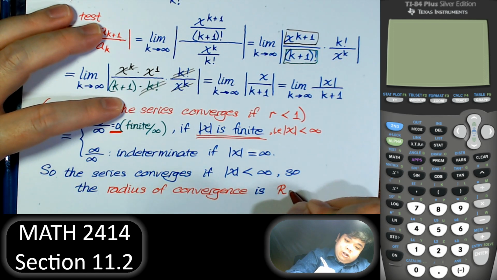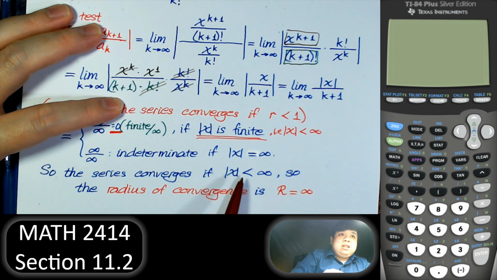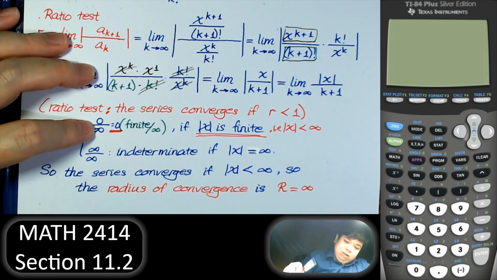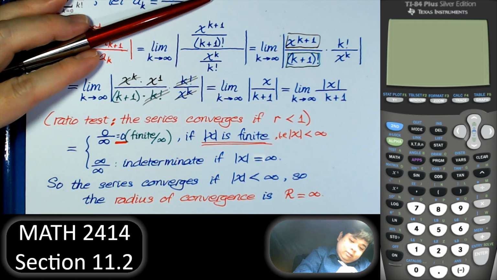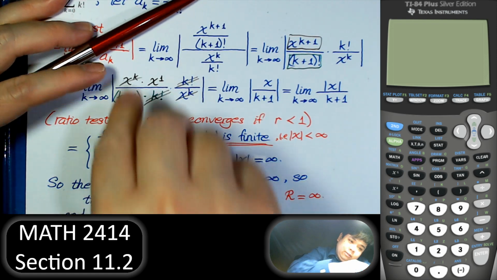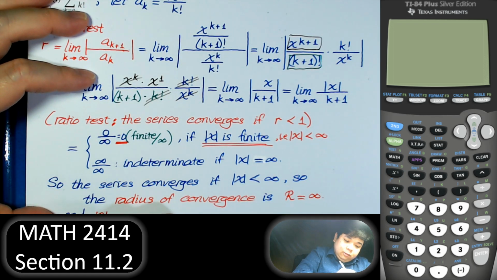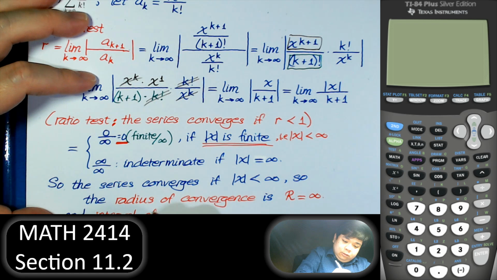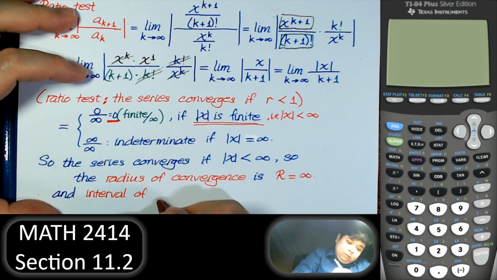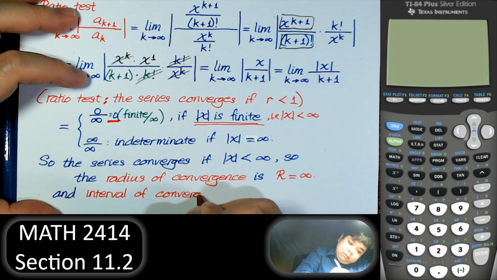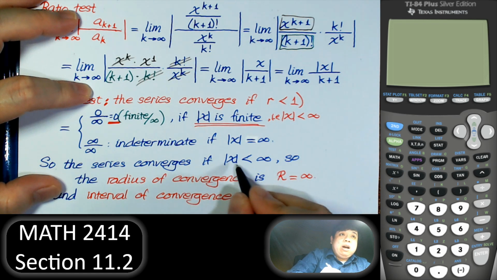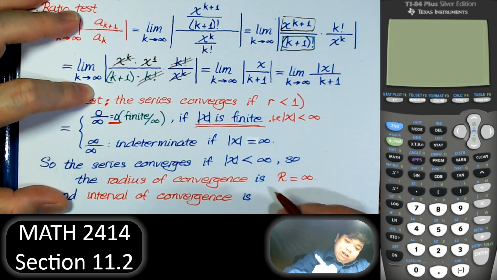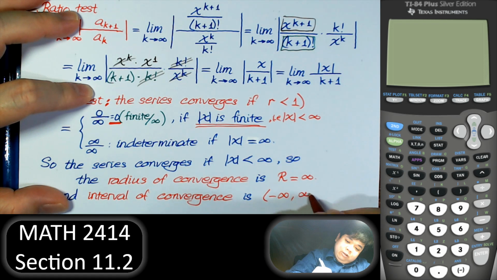The radius of convergence is R equal to infinity. So whatever x is, the absolute value of x is less than infinity. And the interval of convergence: if the absolute value of x is less than infinity, we can write that as negative infinity to infinity.